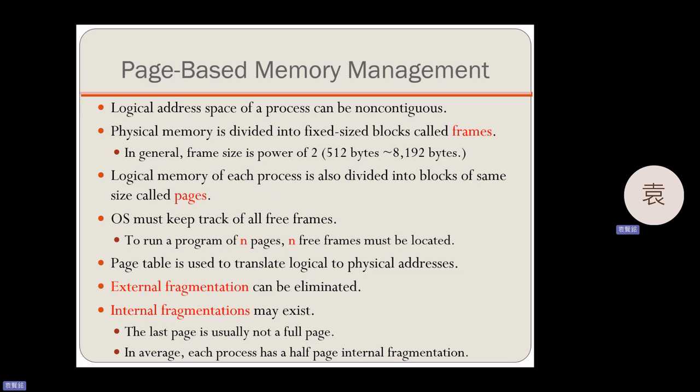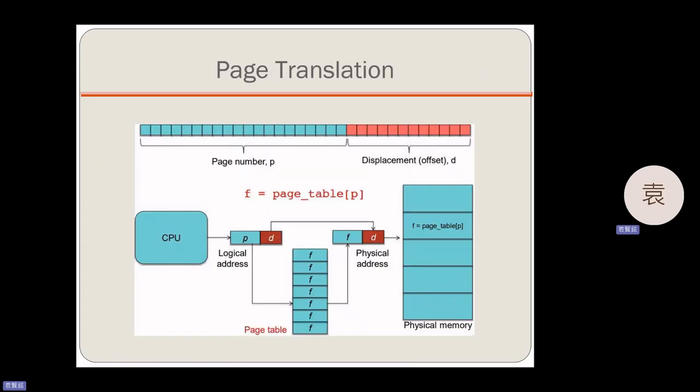In general, the last page will not be fully utilized. We allocate in fixed-size blocks, so the last page always has some unused memory. Those are internal fragmentation.